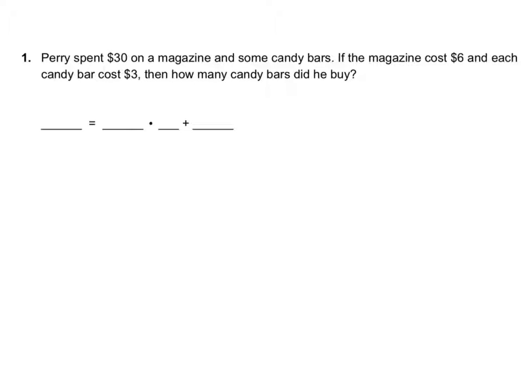Example 1 says that Perry spent $30 on a magazine and some candy bars. If the magazine cost $6 and each candy bar cost $3, then how many candy bars did he buy? The first thing we want to do is figure out what we don't know, because what we don't know is going to become our variable.